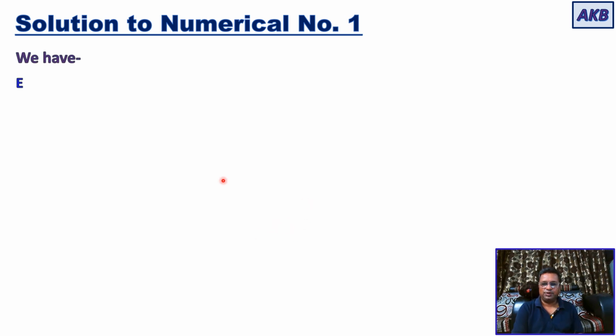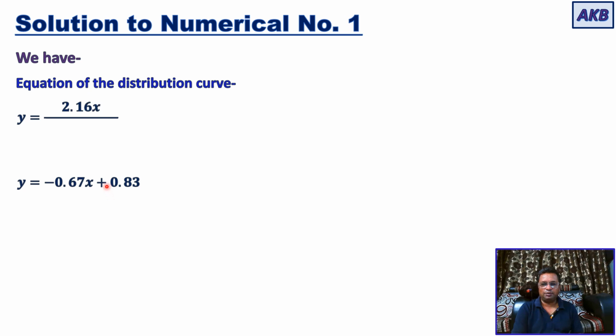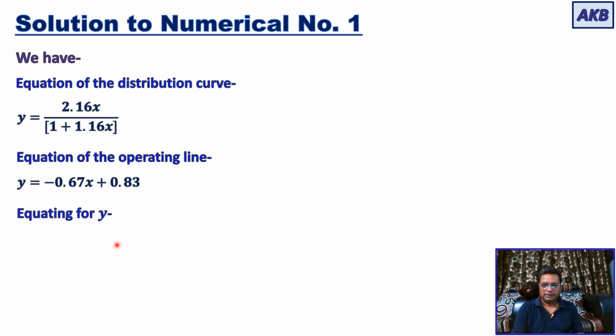So we have the two equations, the equation of the distribution curve and the equation of the operating line. The equation of the distribution curve is y equal to 2.16x divided by 1 plus 1.16x, and the equation of the operating line is y equal to minus 0.67x plus 0.83. We have got these two equations just now. Now we will equate the values of y.